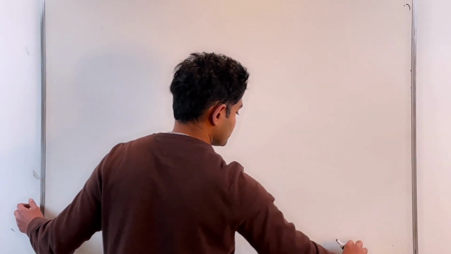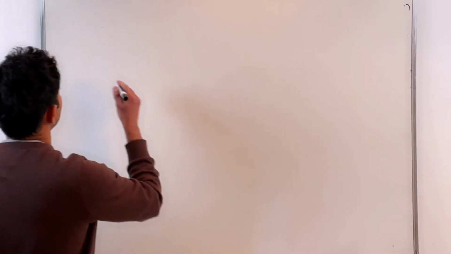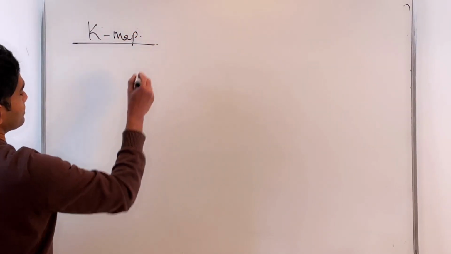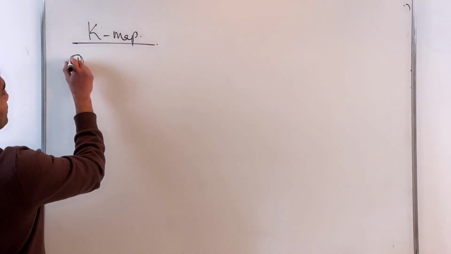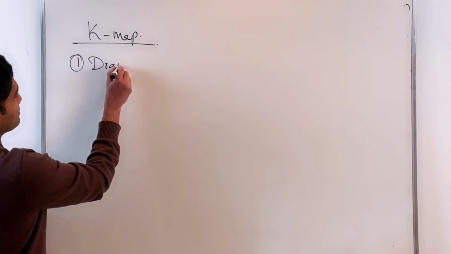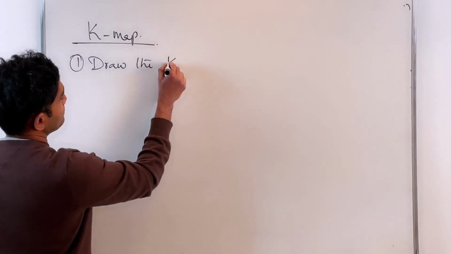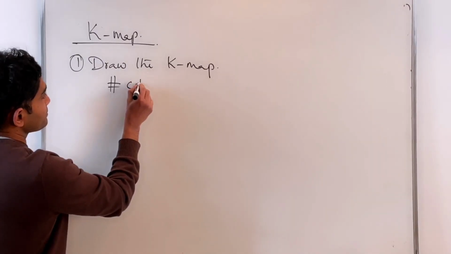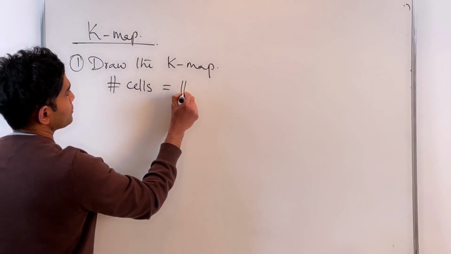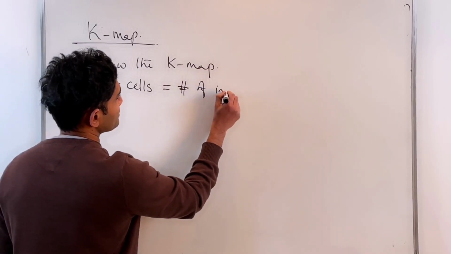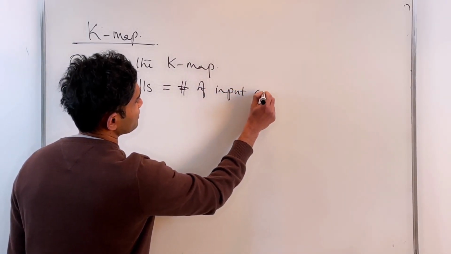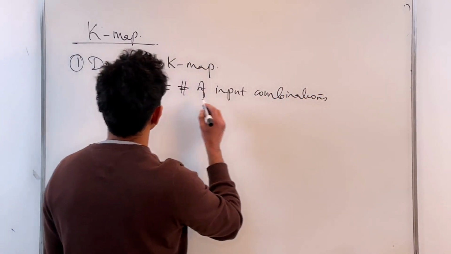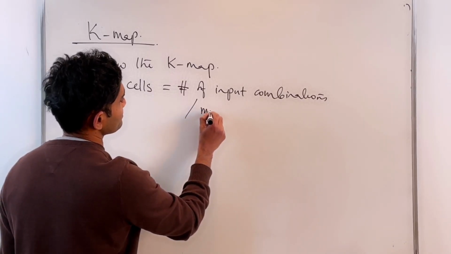So the K-map approach: K-map is nothing but the truth table in a more compact form. First, you draw the K-map with the number of cells equal to the number of input combinations, or I can also say the number of minterms.